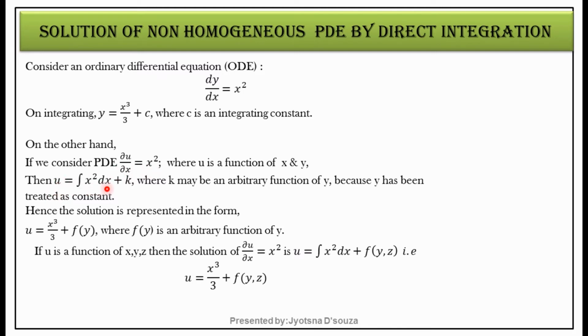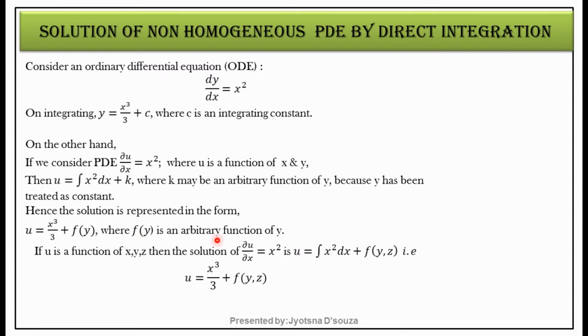Now this constant k is nothing but an arbitrary function of y, because when you performed differentiation, you kept y as constant. So the solution is u is equal to x cube by 3 plus, instead of k, some function of y, which you have kept as a constant, and you represent it as f of y, where f of y is an arbitrary function of y.